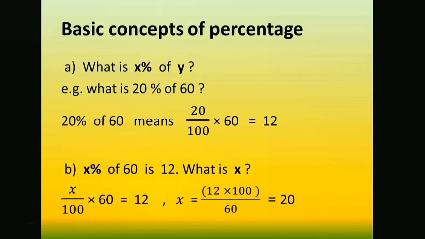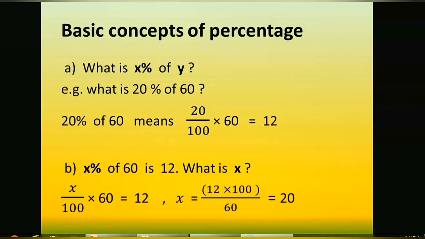X divided by 100 into 60, that is X% of 60. Of 60 means into 60. The answer comes out to be equal to 20. As you can see here, X divided by 100 into 60 is equal to 12. That means X is equal to 12 into 100 divided by 60, which is equal to 20.